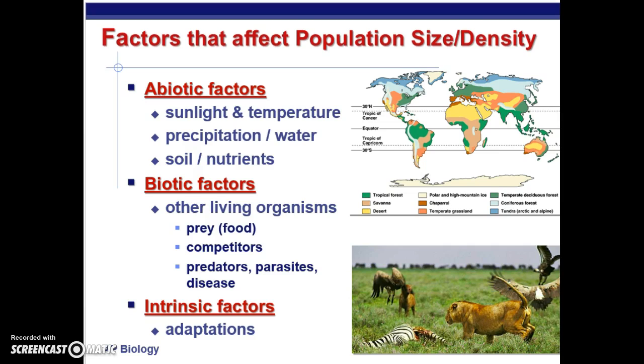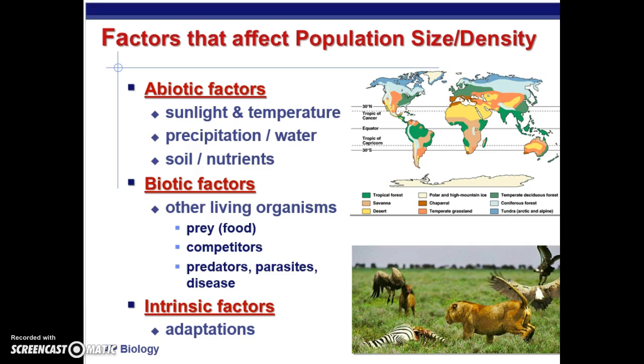But some of the things that can affect population size and density that are abiotic, meaning non-living, are sunlight and temperature, how much water is available, the soil, the nutrients. If it's an herbivore, it could also be, well, that would actually be biotic, so never mind that one. So those would be some of the abiotic factors.